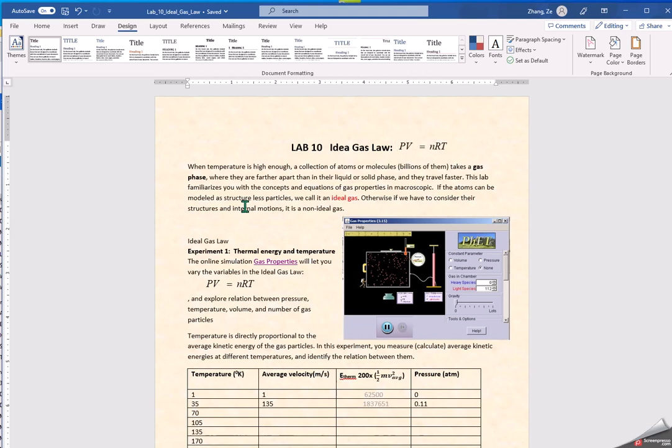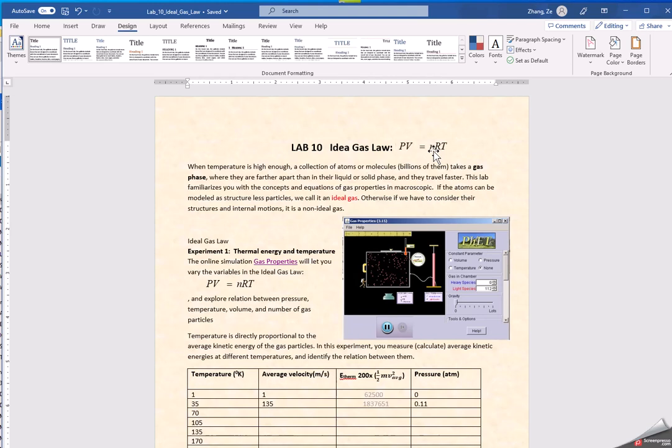And these three, for an ideal gas, satisfy this equation over here: P times V, pressure multiplied by the volume, is proportional to the temperature. And of course, this n is the number of moles in your system.